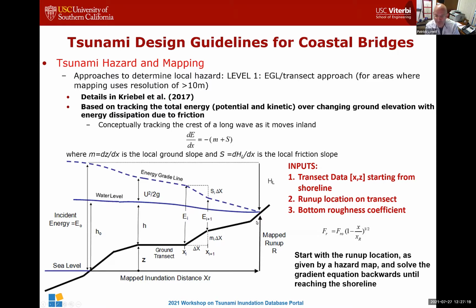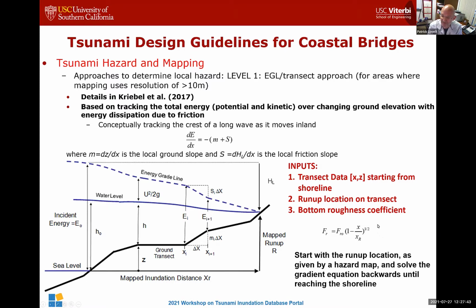And then you work from that inundation limit back to the shoreline, solving this energy conservation equation to figure out how high the water is and how fast it's moving. The only way that you can figure out that partition between total energy and kinetic energy is by specifying a priori a Froude number distribution.